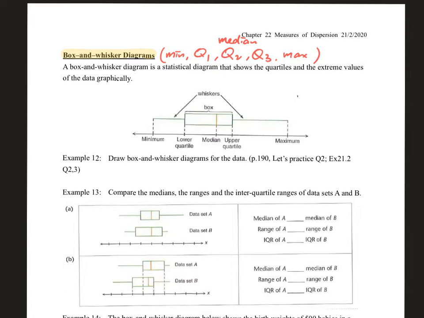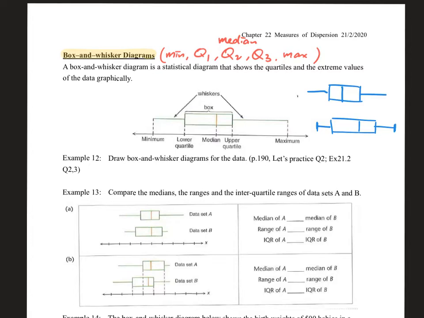The box-and-whisker diagram consists of a box with 3 lines in a rectangular form, and then there are 2 tails on 2 sides. In some books, they like to draw a T shape to specify the maximum value and minimum value respectively.